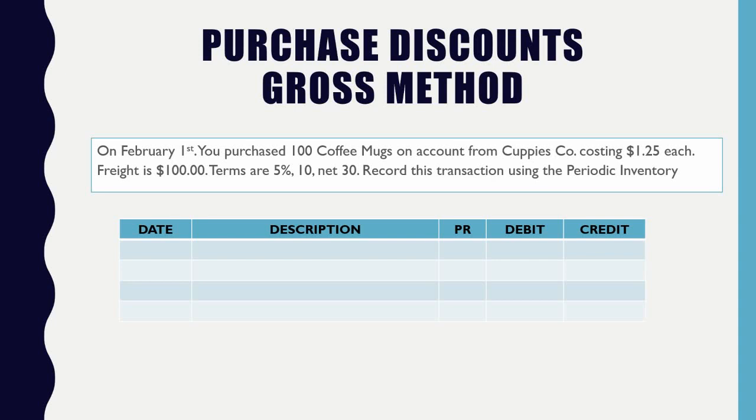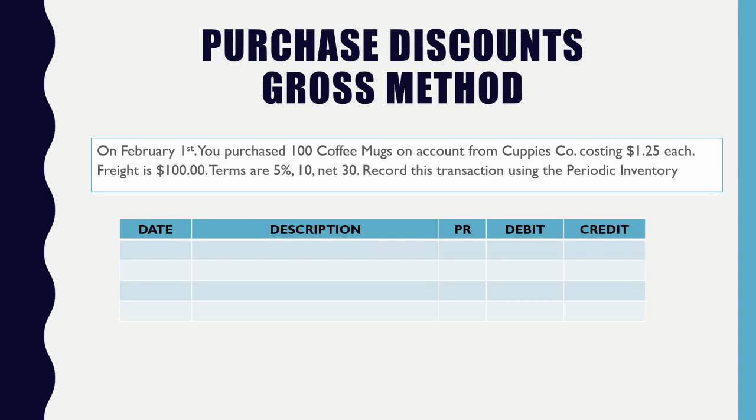Gross method is we're recording it at full price value until we make the payment, then we can go ahead and take the discount if we made the terms. But if we didn't, then we just pay it regular. So in this case, we're going to record it at full price value, okay? So again, purchase expense, right?